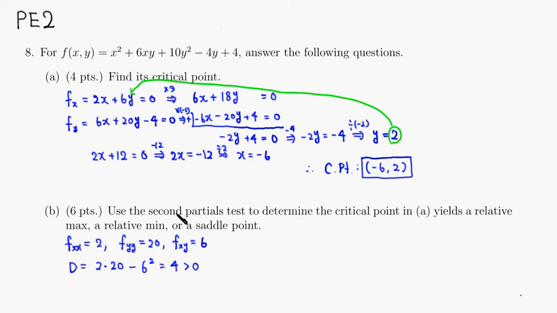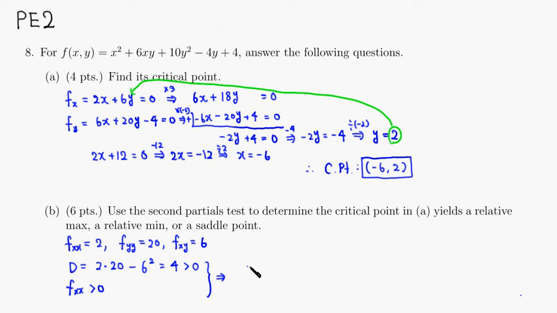This tells you that it's going to be a bowl shape, either facing down or facing up. But since the second partial with respect to x is 2, which is positive, it's a bowl facing up, which means this gives you a relative minimum.